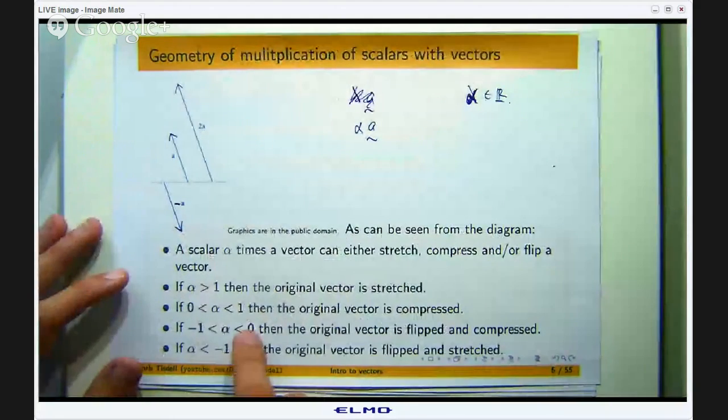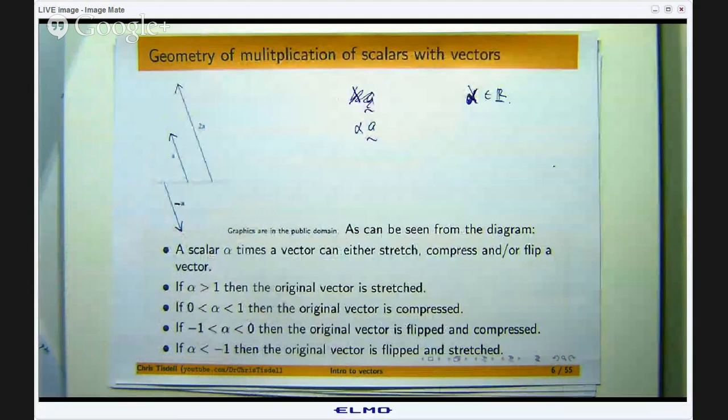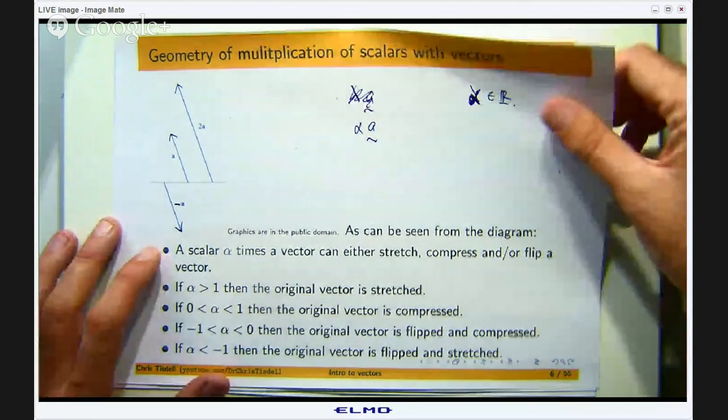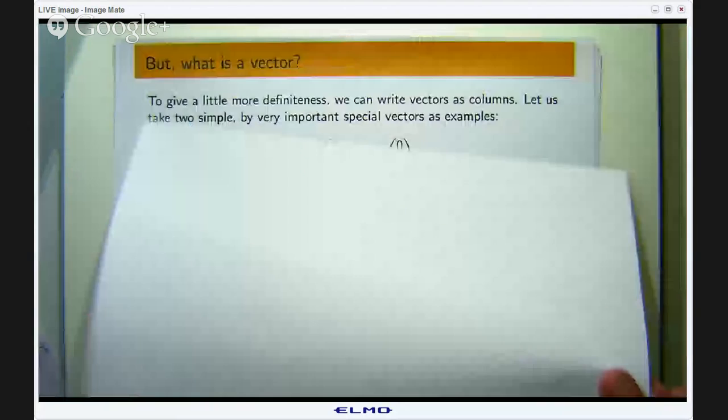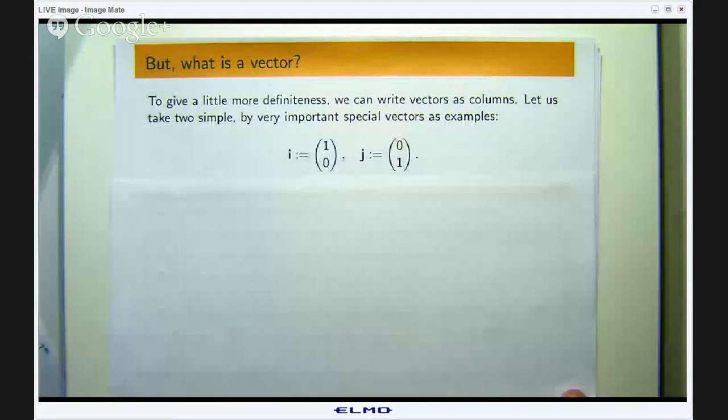And if you multiply a vector by a number, you can stretch, compress, flip, or do all three, depending on what that number is. Okay, so if you want more on that, then I'll refer you to the previous video in this series, the very first video. Okay, so on to this particular presentation.